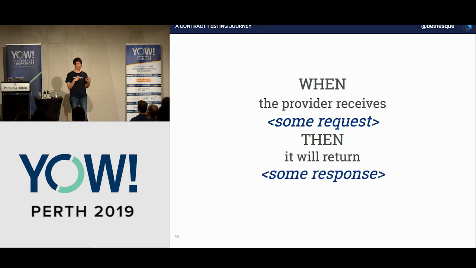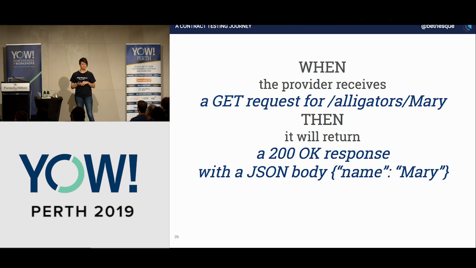Now, if you only get one chance at this, you don't actually get to exercise all the code paths in your code, because sometimes you might request a resource and maybe it doesn't exist, so you get a 404. And sometimes you request the same resource and it does exist, so you get a 200 and you get the actual resource.